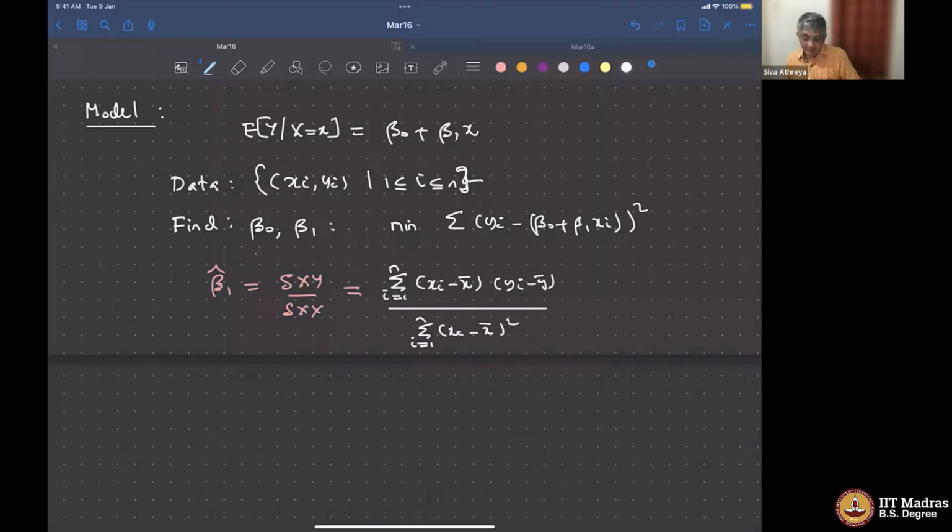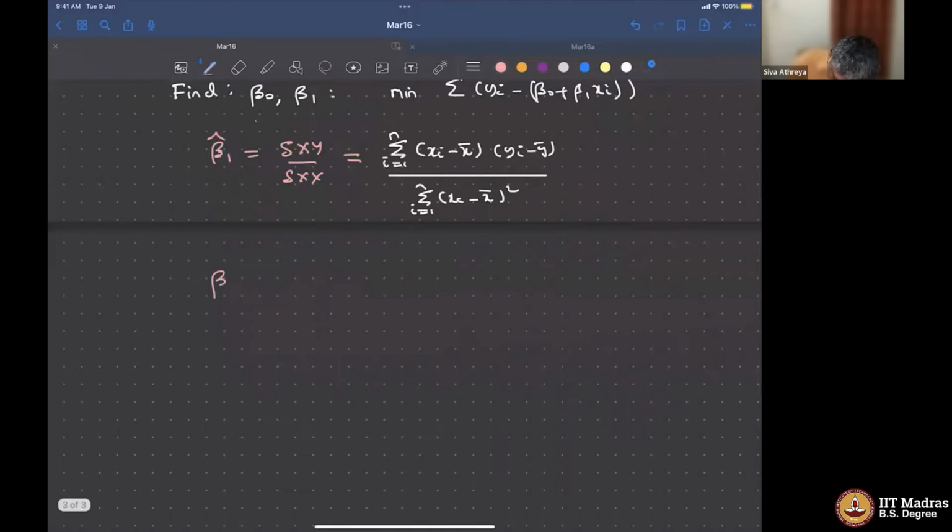That's what beta 1 hat was. And we found out that beta naught hat, you could solve it by just looking at the equation. The line passes through the means, so it's y bar minus beta 1 hat x bar.